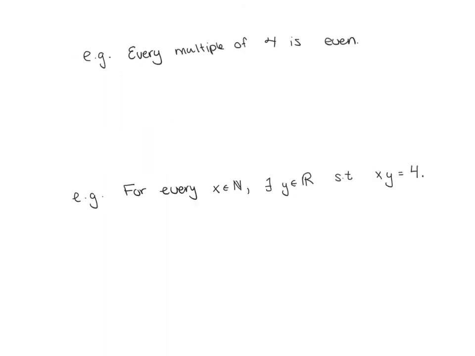Okay, so the first one we want to look at is every multiple of 4 is even. So we'll say every x in the set of, I'll just call it M4, multiples of 4, x is in M2, multiples of 2, right? So that's the type of statement that I want to show here. So what I do to prove this is I'm going to start out with my x satisfying this.